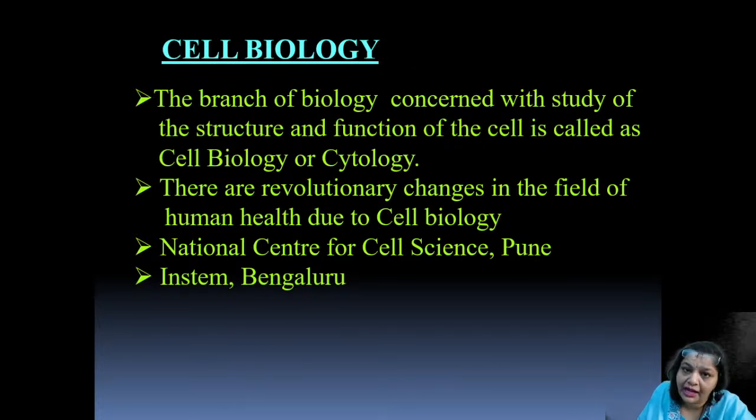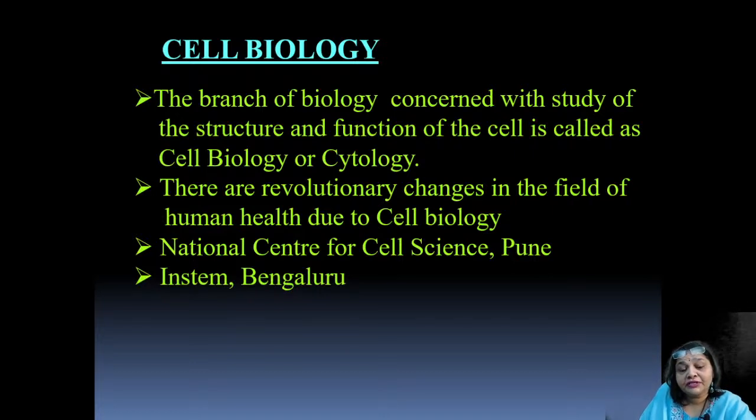Cytos refers to cell and logos refers to the study or discourse of that field. In recent times, there have been various revolutionary changes in the field of human health due to this branch called cell biology.